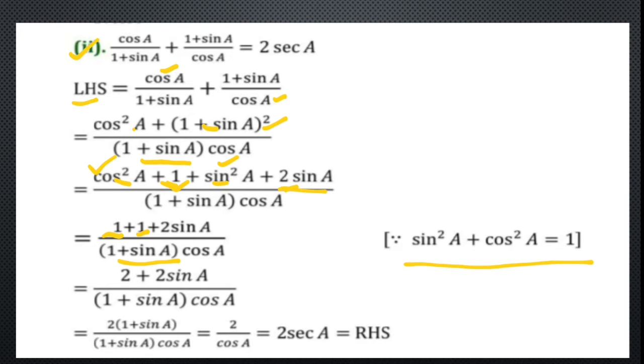If you add these two 1s, it will be 2 plus 2 sin A by this whole denominator. You can take 2 common from the numerator, and 1 plus sin A, 1 plus sin A will cancel each other. So the result will be 2 by cos A. Sec A is the reciprocal of cos A, that's why 2 sec A, which is equal to the right hand side part. So LHS equals RHS.